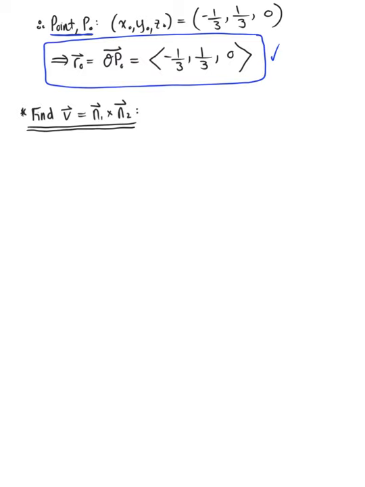Before we start looking at this solution, I want you to note that letting this parallel vector v be defined as the cross product of vector n sub 2 with n sub 1 also works. So there are multiple correct answers, not only for the point that you find, but also for the vector v that you find.